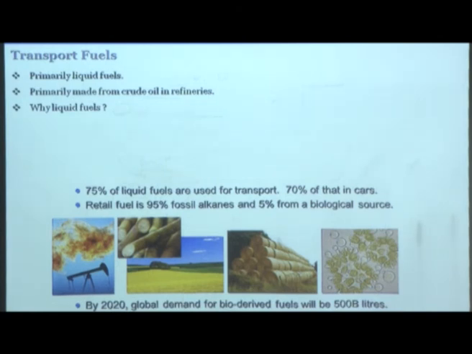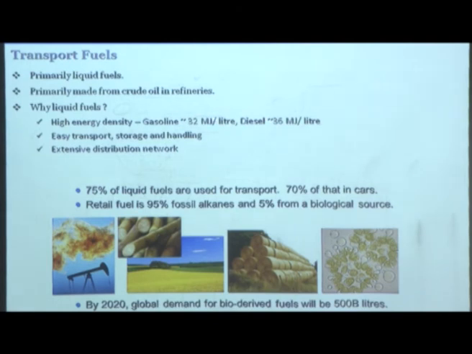These are the other fuels which constitute less than 5% in the world. Okay. So by 2020, the demand for this 5% bio-derived fuels will be $500 billion. So this fraction is expected to increase. And I think this is one of the ways in which we can meet the growing transport demands.